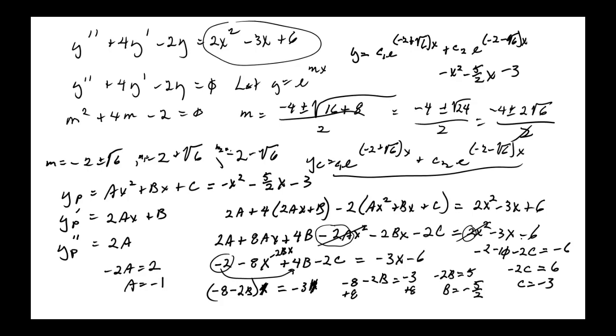Okay, let's see how the book did. c1 e to the minus 2 plus root 6x plus c2 e to the minus 2 minus root. Oh, I see what they did. They made this a minus 2 plus root 6x. We've got the same answers.